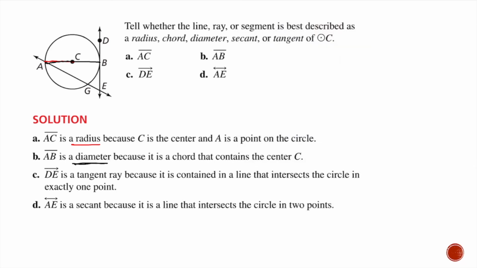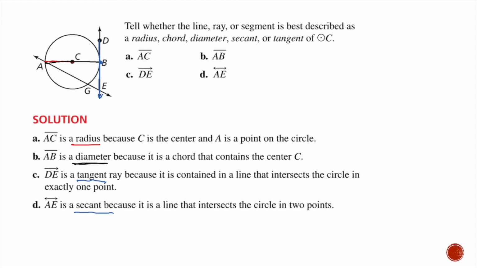Now, line DE is a tangent. Why? Because it has a point of tangency at point B, as you can see right there. And line AE is my secant, because it goes through the circle at two different points.